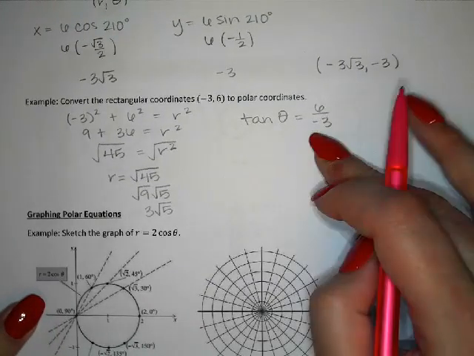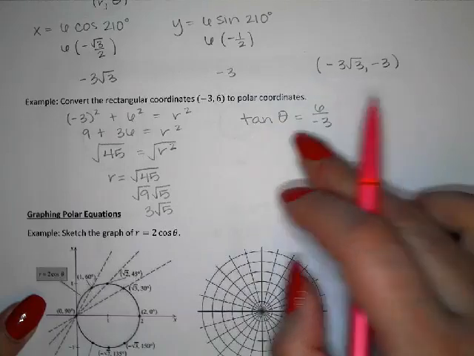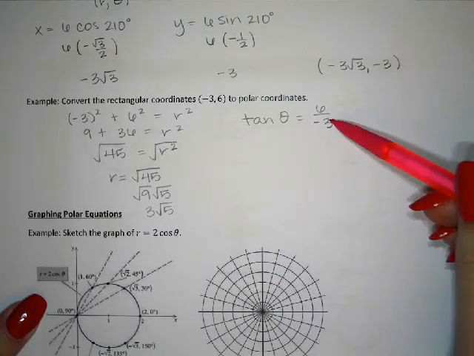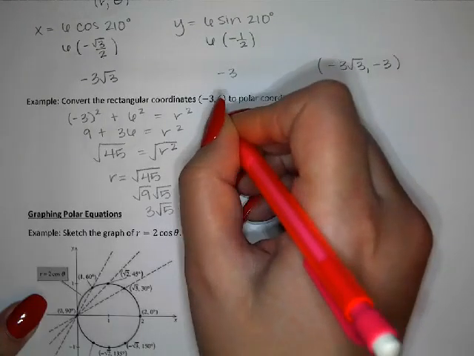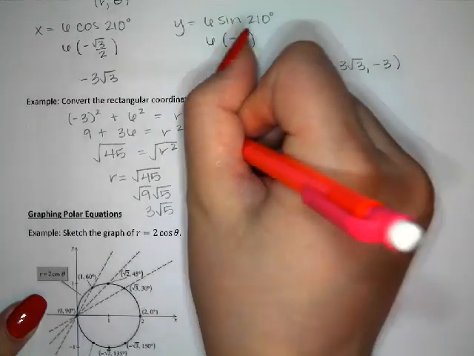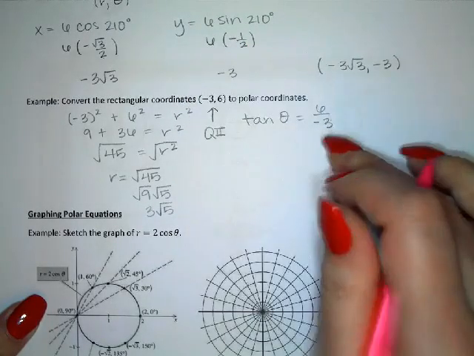I know that when I do tan inverse to solve for the angle, I only get answers that are in quadrants 1 or 4, and this point right here is left 3 up 6. Left 3 up 6 is a quadrant 2 point. So I'm going to need to take my answer and put that angle in quadrant 2 because it's not going to be there automatically.